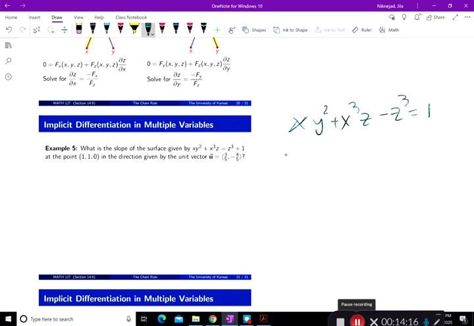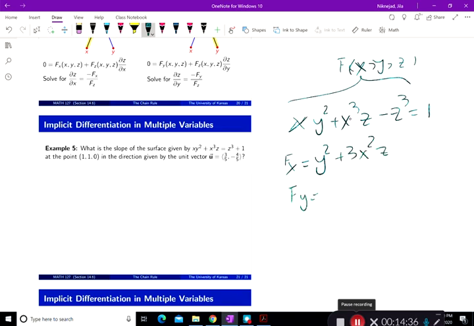Then find f sub x. This is f of x, y, and z. So f sub x is equal to y squared plus 3x squared z. F sub y is equal to 2xy, and that's it.